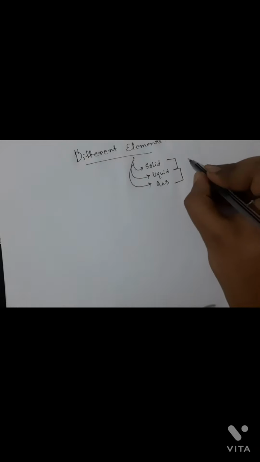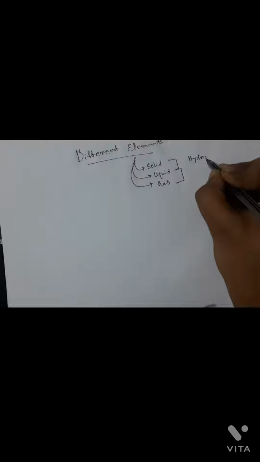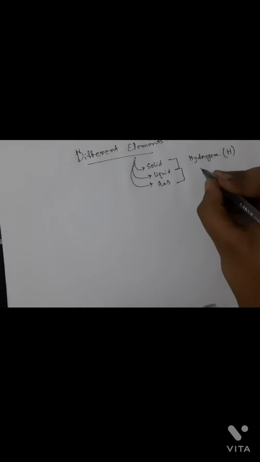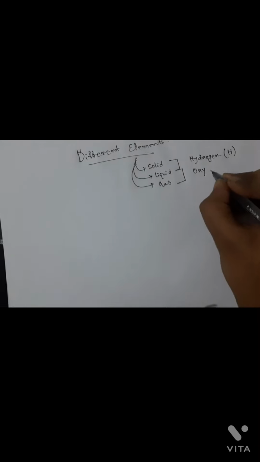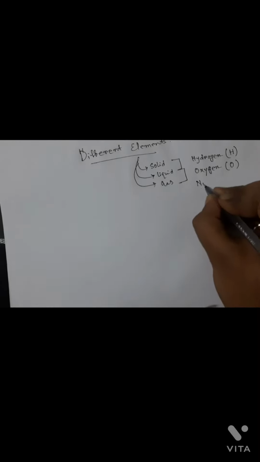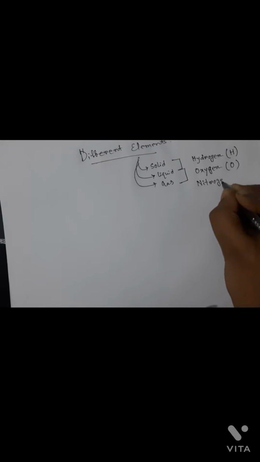Say for hydrogen, this is represented by the symbol H. The element oxygen is represented by the symbol O. For nitrogen, it is represented by the symbol N. These are gaseous.